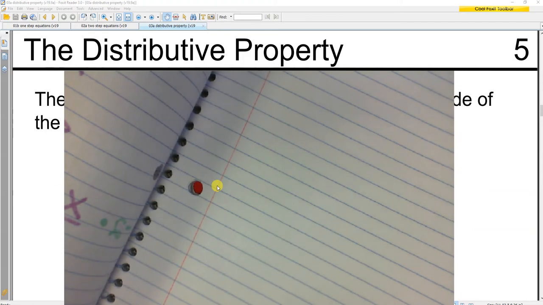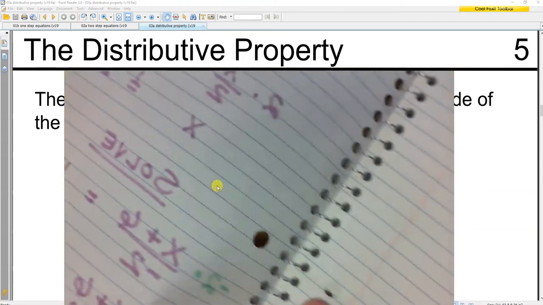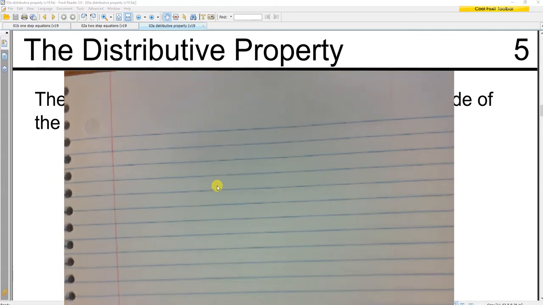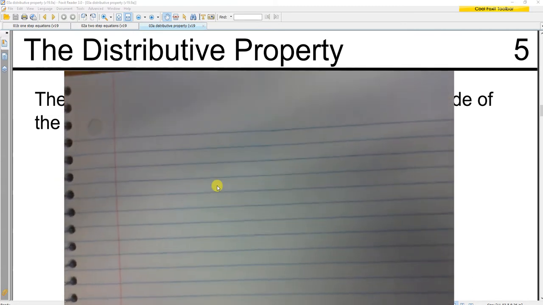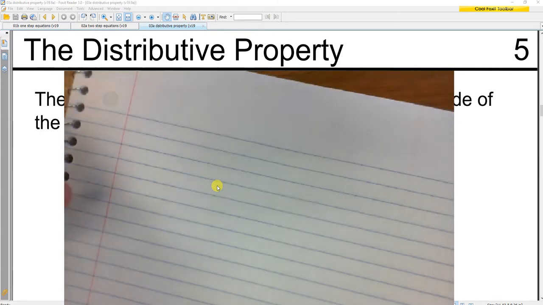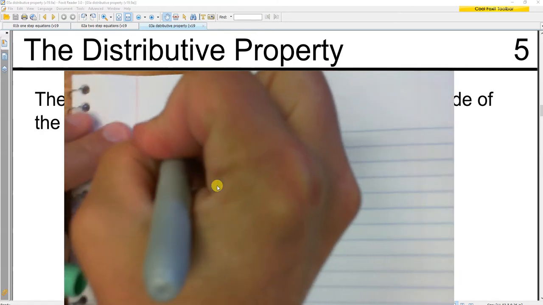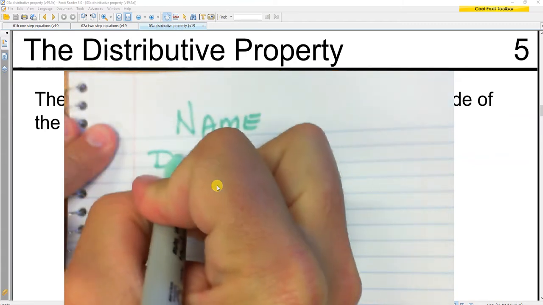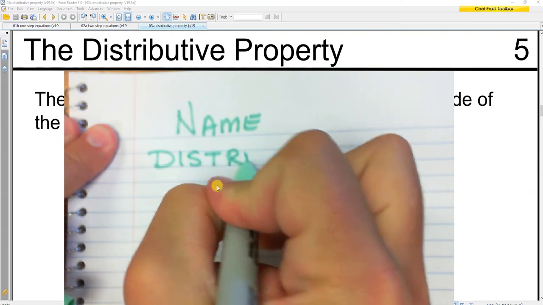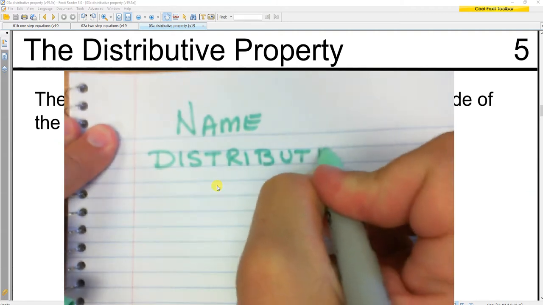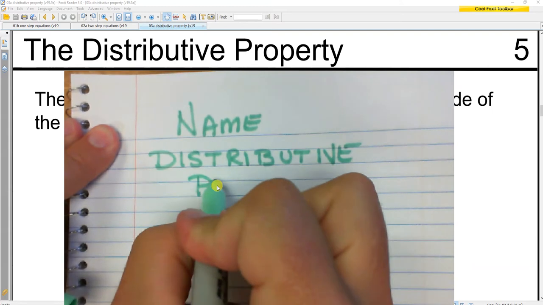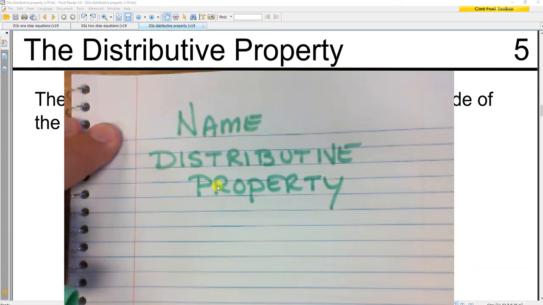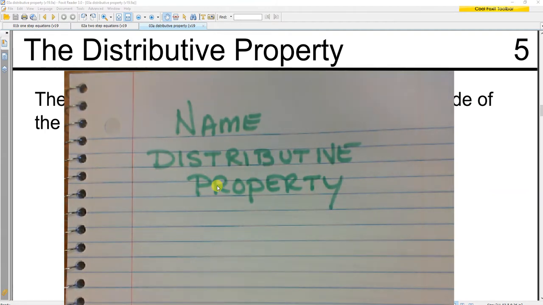Start with your name and the title. And this is what the distributive property looks like.